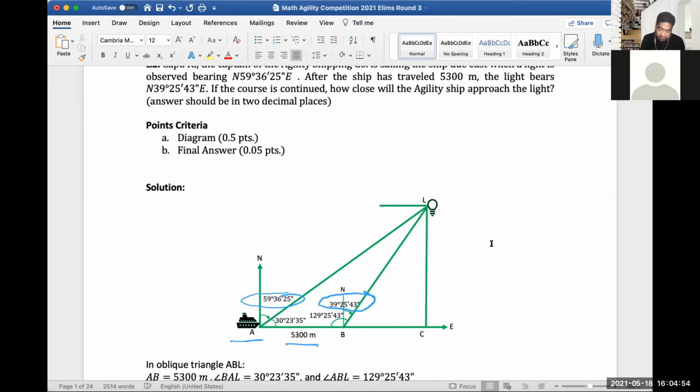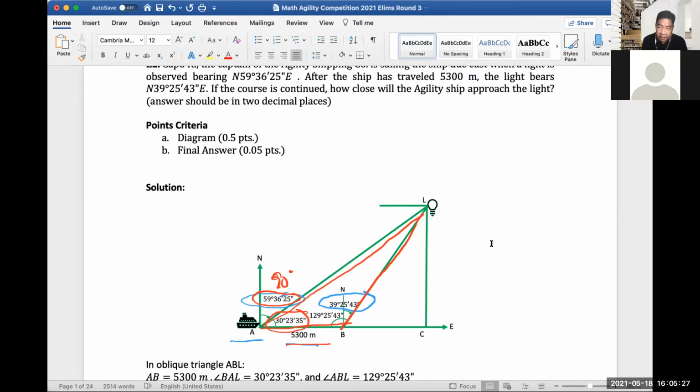So we can see, let me change the color of my pen to red, that we form a triangle here, right? So we know that this is 5,300. So the bearing is 59, so just subtract this from 90 degrees and we would get the angle inside the triangle, which is 30 degrees, 23 minutes, 35 seconds here, right?